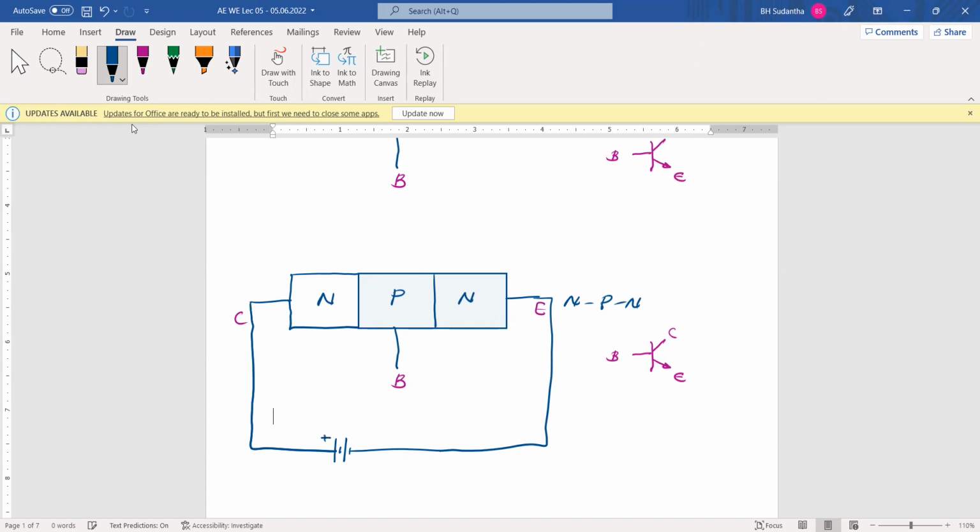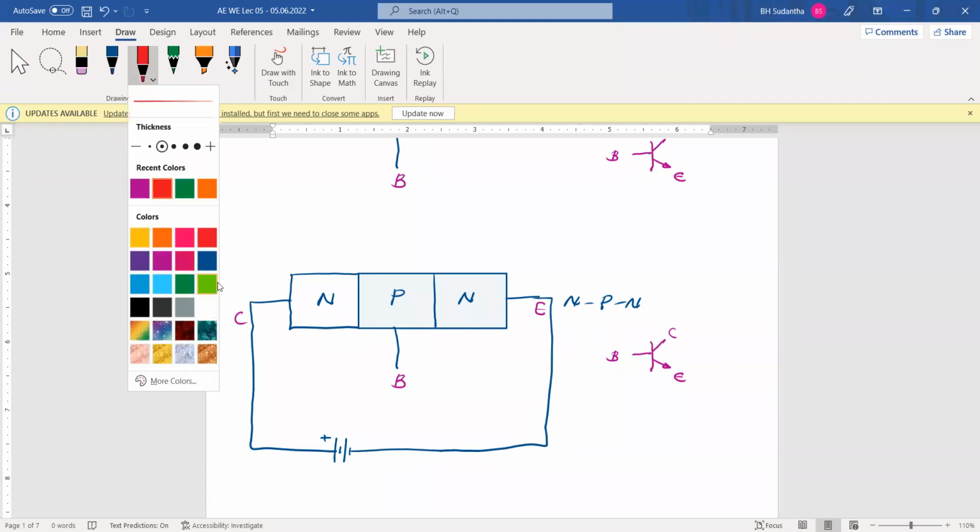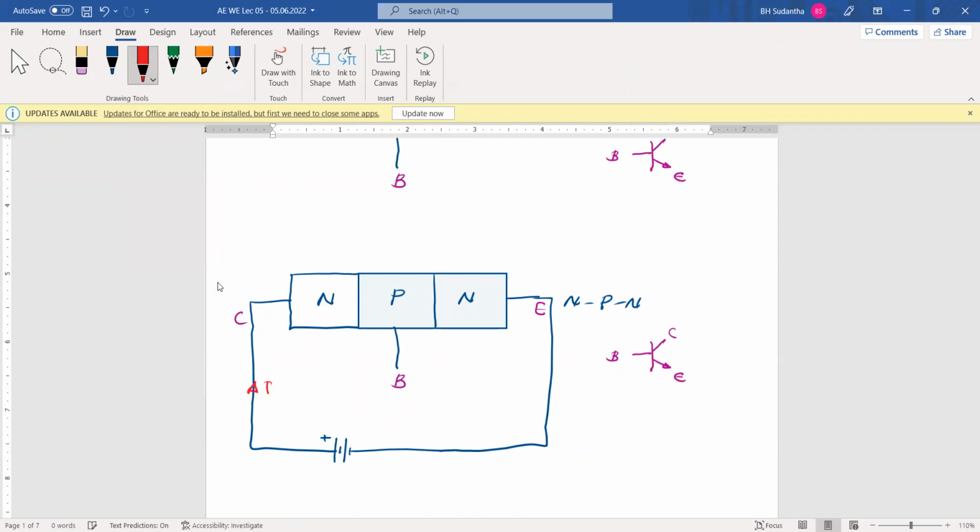This is the positive terminal, and this is a PN junction, and this is a PN junction. So on this path, here we have one PN junction, here we have one PN junction. Through these two PN junctions, can we send a current like this? Can we expect a current?